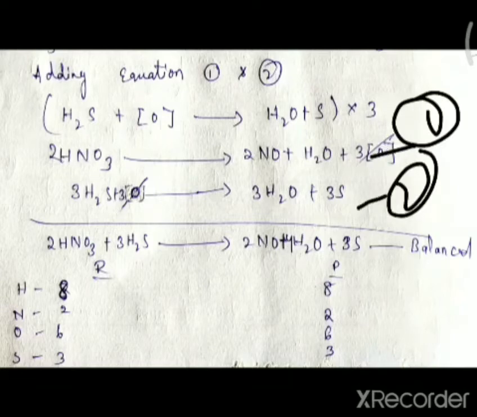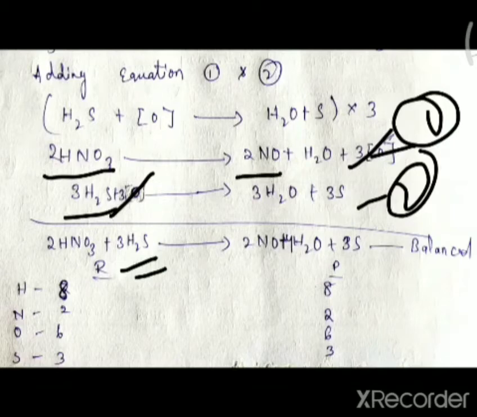So see, we cancel this nascent oxygen on both sides. Then what is left? You are left with 2HNO3, 3H2S, then 2NO, H2O, then 3H2O.